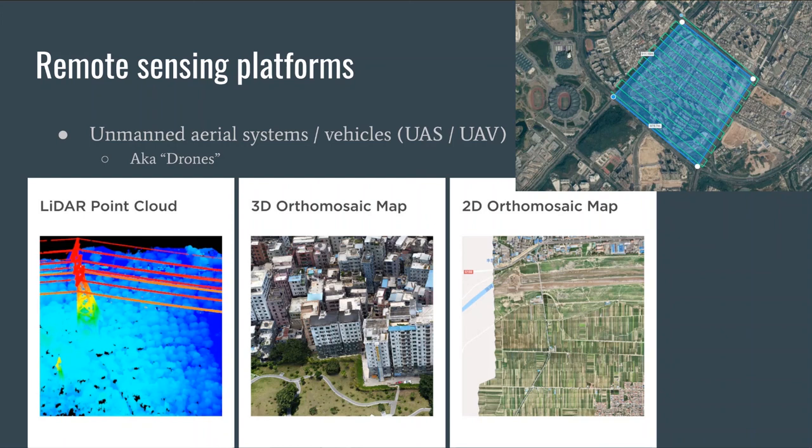By processing drone data in remote sensing software, you can get a number of different accurate visualizations of an area, including these orthomosaics, which are similar to the aerial photography images that we talked about before. You can make 3D maps like these buildings that pop out and are really cool for urban planning purposes, or you can come up with an actual 3D model via LiDAR, which again, we'll talk more about in a little bit.